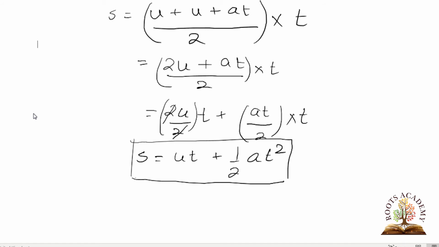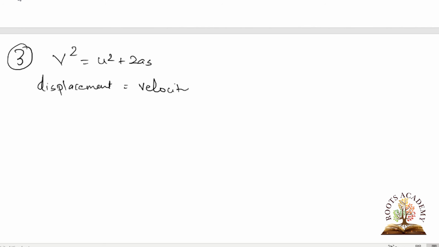And now we are going to learn about the third kinematic equation. The third kinematic equation is v² = u² + 2as. Now we are going to use the same equation, that is displacement is equal to velocity into time.